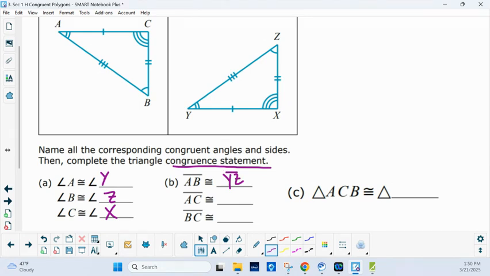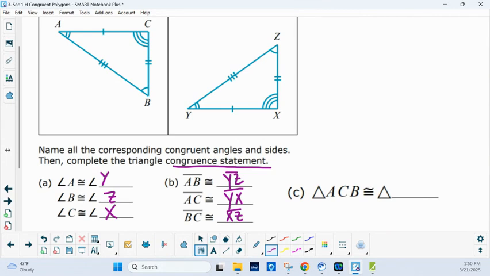It's only detrimental when you're naming the triangles themselves. How about side AC? YX. And side BC? XZ. Good. So when we name the congruent statement for the whole triangle, you can let the diagram help you, or I think it's really easy just to follow the angle section.